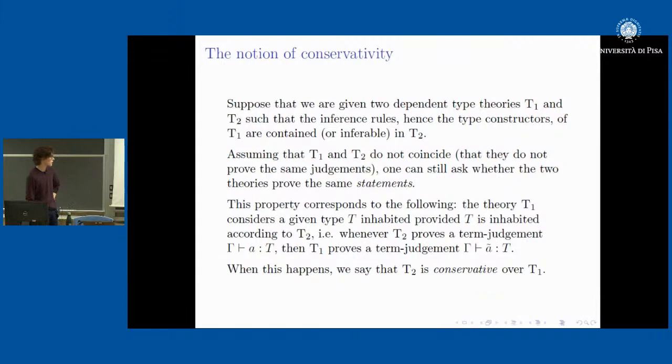In other words, if T2 proves a term judgment A lives in T, then T1 proves the same thing. It is also able to build a term, let us call it A tilde, that lives in T. When this happens, we say that T2 is conservative over T1.